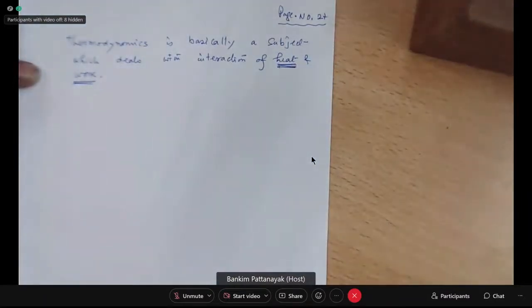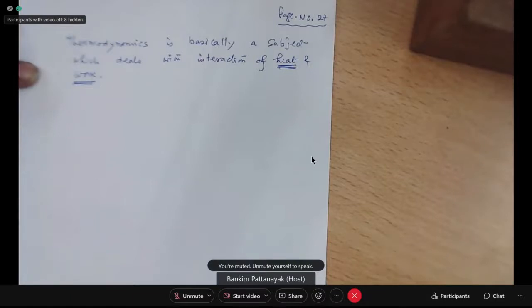Heat and work. Why heat and work? Why so partisan attitude?